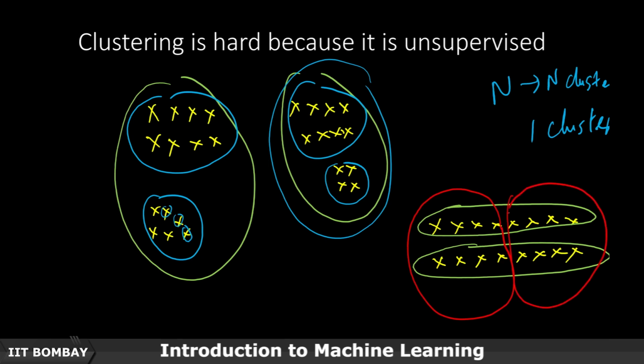So the correct answer is not obvious, and it all depends on our prior assumption, our application in mind, and what utility we have in mind when we are doing clustering. But keep in mind that if you have n points, you can have anywhere from 1 to n clusters.